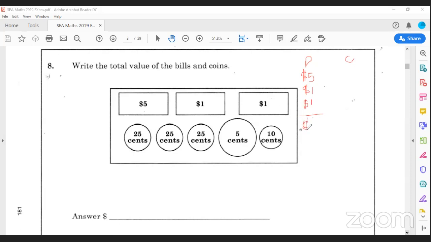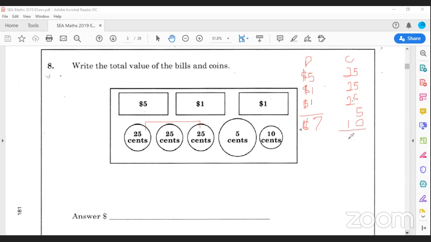Notice I'm writing my dollar signs. Now let's calculate the cents. How many cents do I have? So we can write down all the coins that we have, and we can add them. For those who can already see the answer, we can multiply 25 by 3, right? And then add 15. But for those who don't understand what I just said, you write down all the coins like this and you add 5 cents, 10 cents, right?